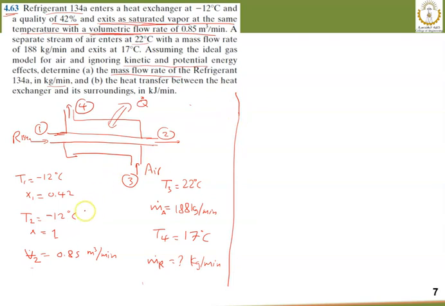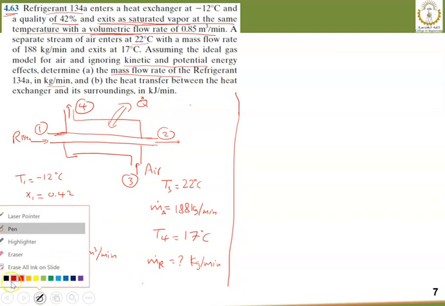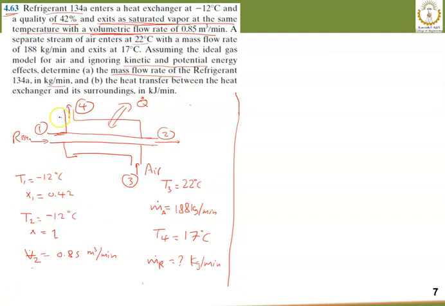Here we have two substances, the refrigerant and air. We need Q dot of the whole heat exchanger, so our control volume will be the whole heat exchanger.